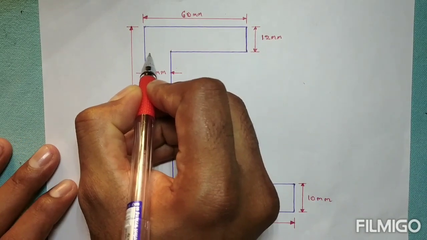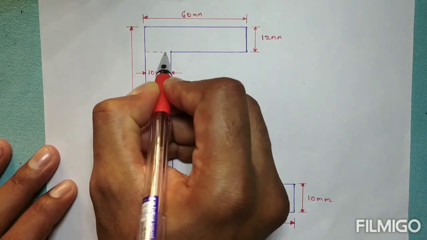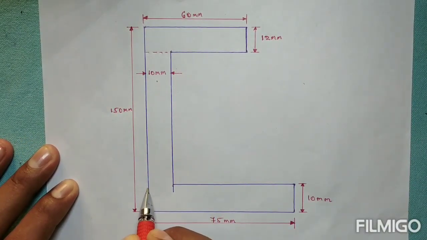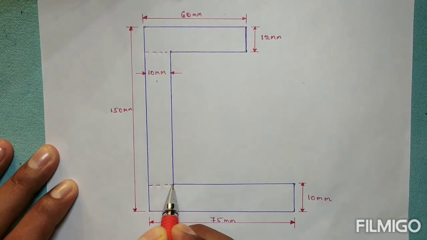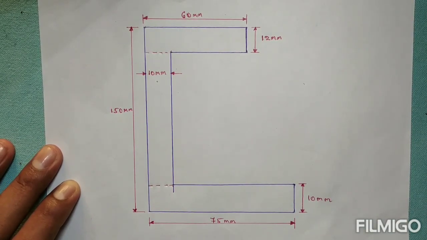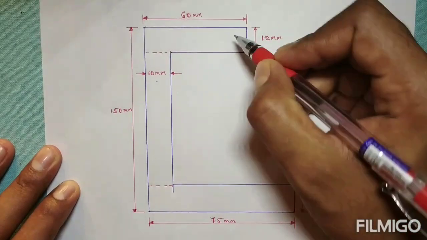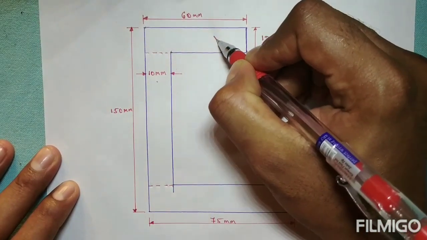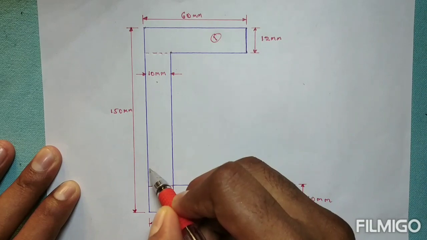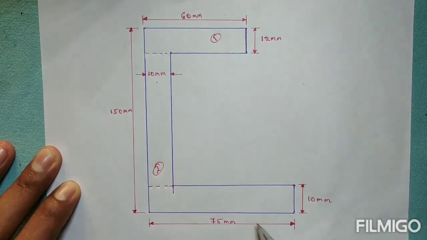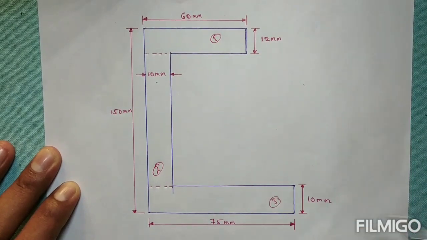First I will take the top flange as one component, and the bottom flange as another component. Now you can see we have three components here. This will be the first, this will be the second, and this will be the third.